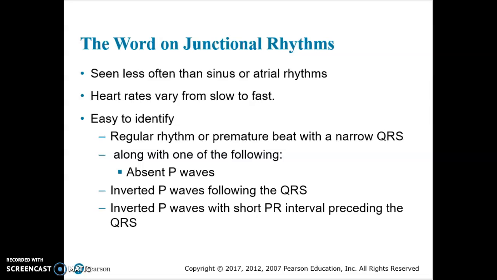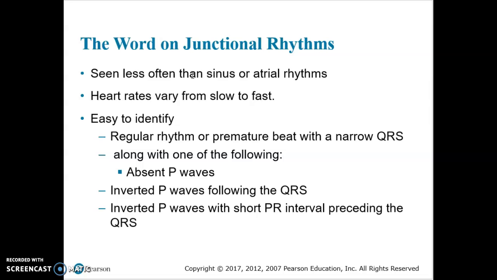Junctional rhythms are seen less often than sinus or atrial rhythms. The heart rates may vary from fast to slow. One thing that we need to remember about junctional rhythms is that they originate in the AV junction, okay? And the AV node is located in the right atrium.